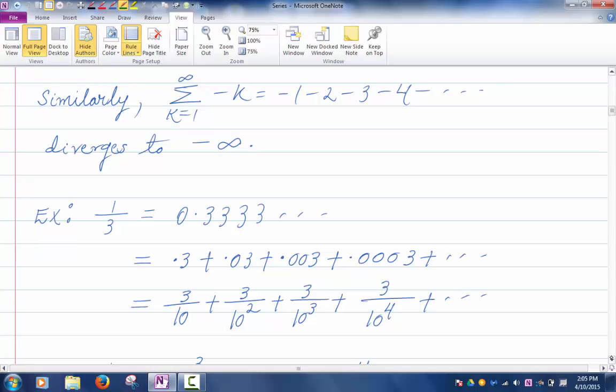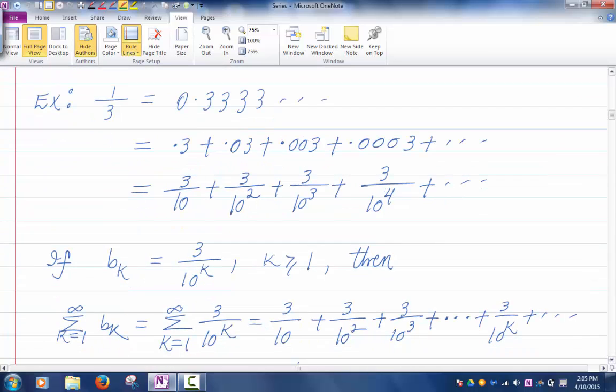Now let me give you an example of a convergent series. So let's say I have the number 1/3, and that's 0.33333 dot dot dot, and we can rewrite that as 0.3 plus 0.03 plus 0.003 plus 0.0003 plus dot dot dot, which is the same as 3 over 10, 3 over 10 squared, 3 over 10 cubed, 3 over 10 to the 4, and so on.